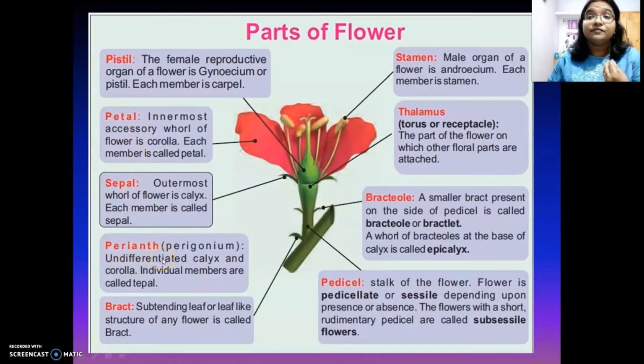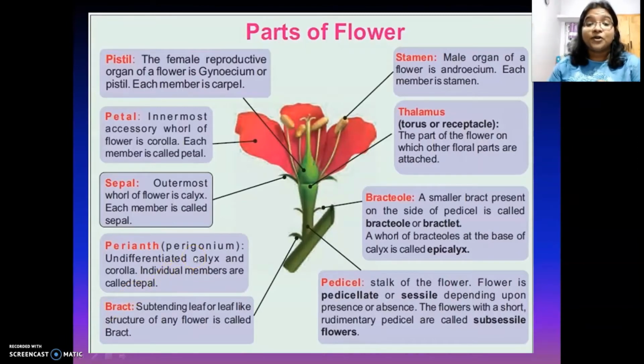In flowers of grasses, you could not see sepal and petal, and it is just represented in the form of an undifferentiated structure. We call it the perianth. The individual members of the perianth are called tepals. The perianth is also called perigonium.